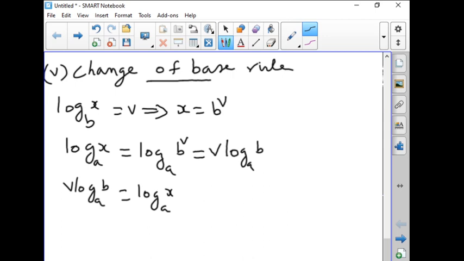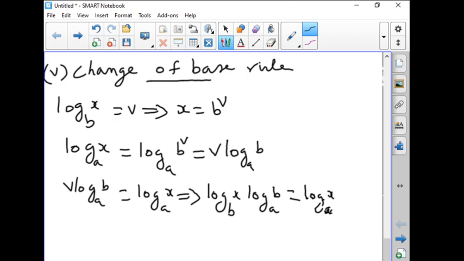So what is v? We have taken v as log x to the base b. So log x to the base b into log b to the base a is equal to log x to the base a.